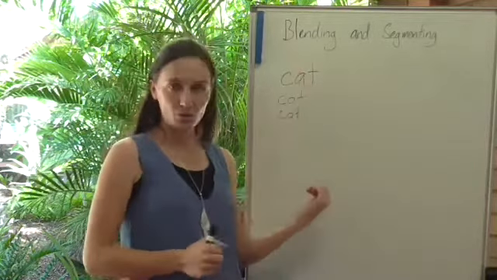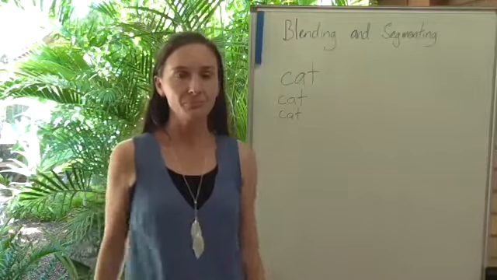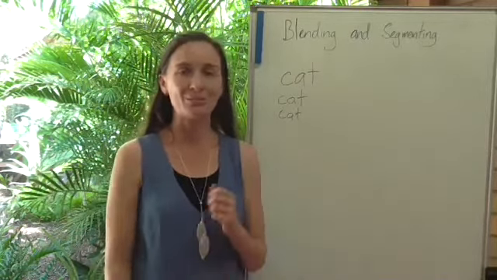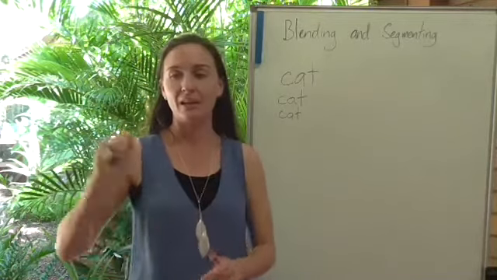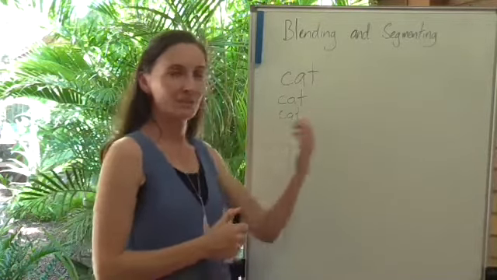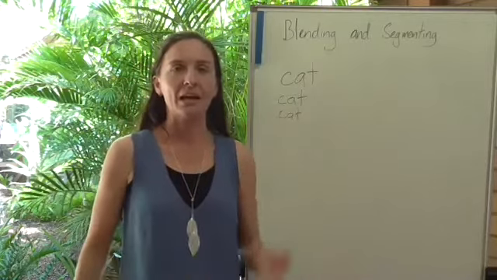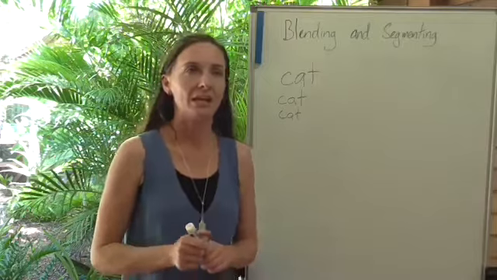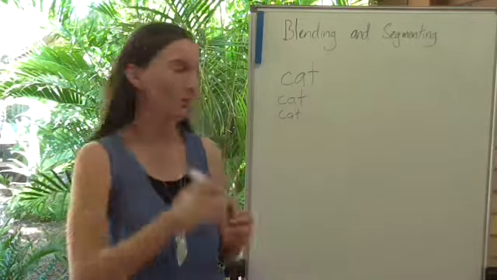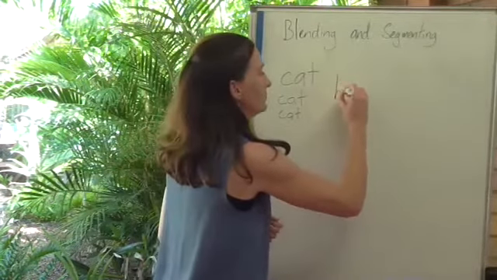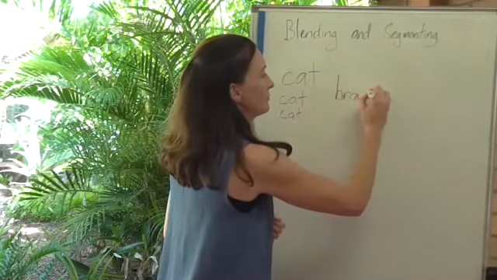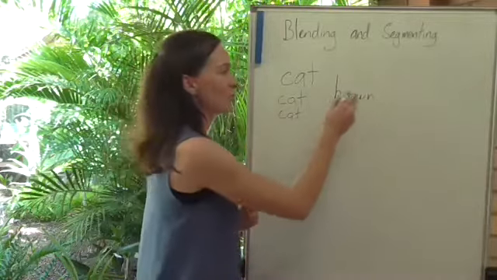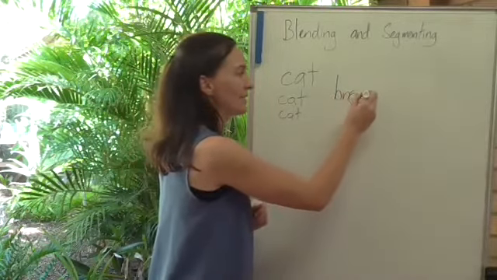Now, I've shown on the CVC words, but actually this is something that you probably will use up into the high levels as well, especially with blending. So when we get later onto consonant blends, you'll see that this is something you have to use a lot there. It's also really good to use for vowel teams, because one of the problems with vowel teams is if you see a long word that you don't know, like the word brown, it looks like there are a lot of letters in that, but actually you need to notice that this is just one sound.